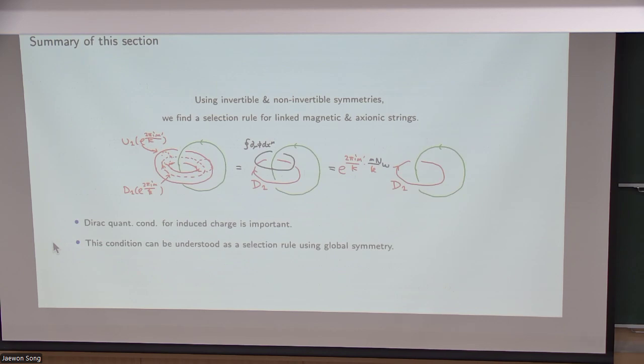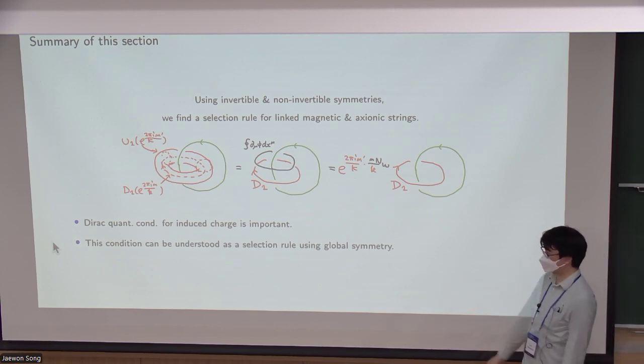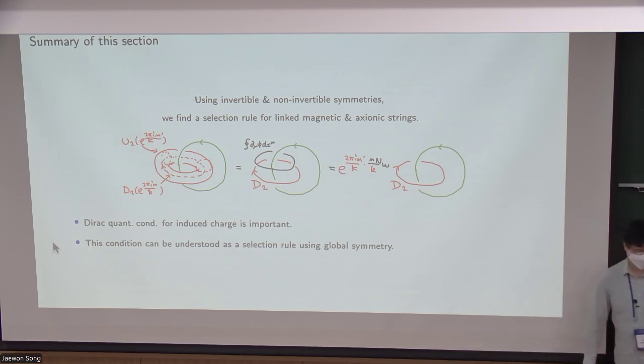The summary of this section is that using the invertible and non-invertible symmetries, we find the selection rule for the linked configuration of the magnetic and axionic string. In particular, the Dirac condensation condition for the induced charge is important, and this condition can be understood as a selection rule using the global symmetry.